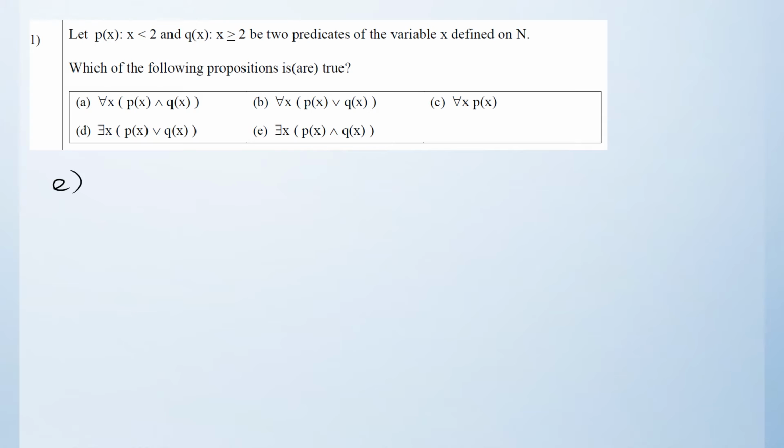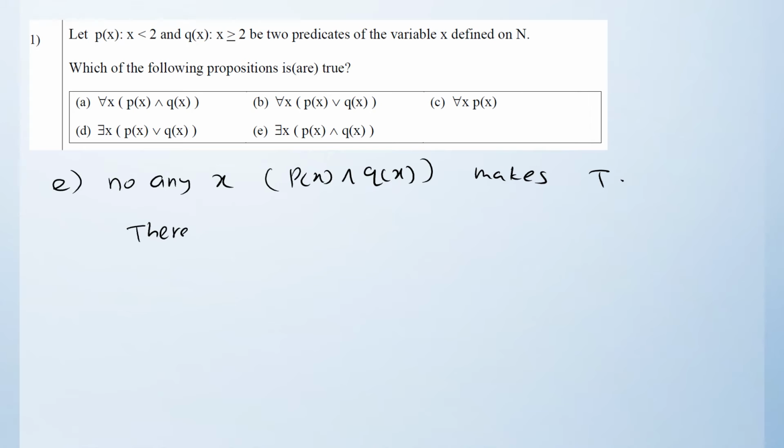E. As in part A, we noticed there is no x value which makes the conjunction between P and Q true. So there are no x values which make this proposition true.